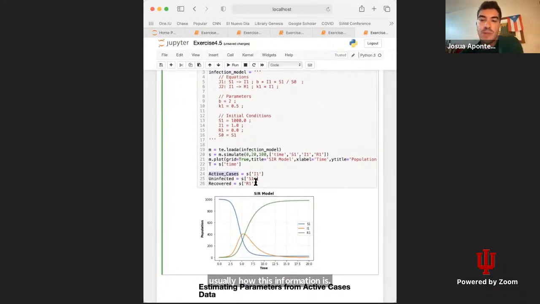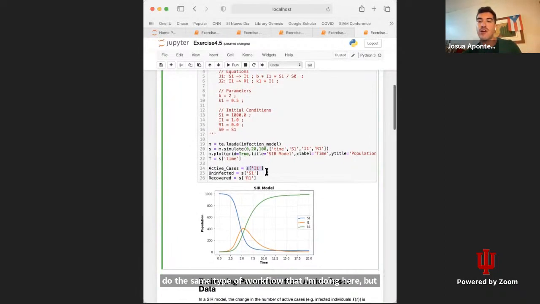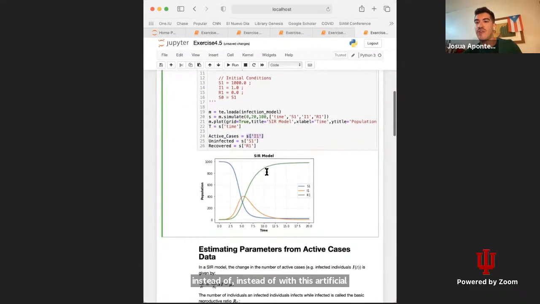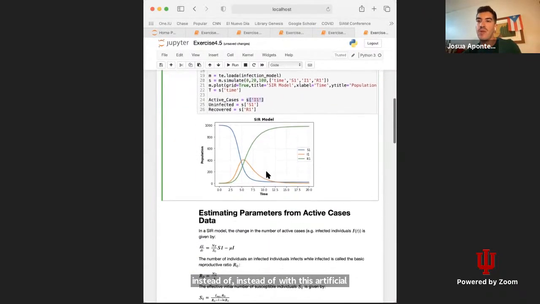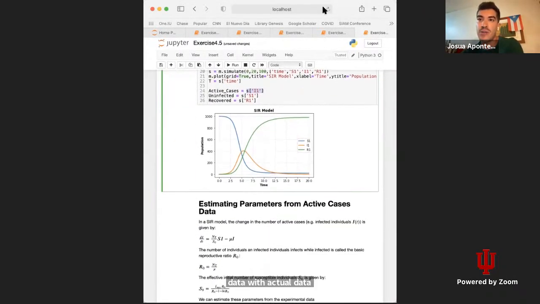Even though I generated this data artificially, if I were to replace it with reactive cases from the real world, I could do the same workflow, but with actual data measured in different countries.